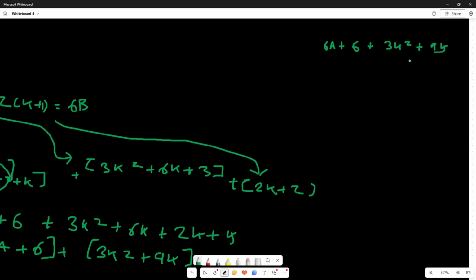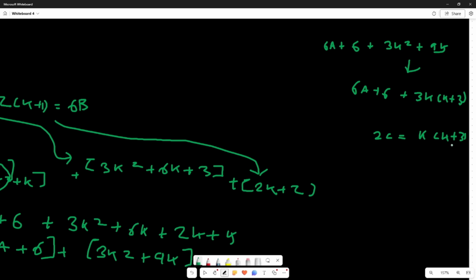Okay, and then we simplify it to 6a plus 6 plus 3k plus 3. Now let's say 2c equals k plus 3.